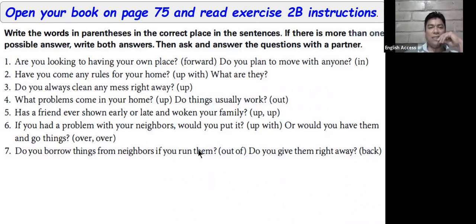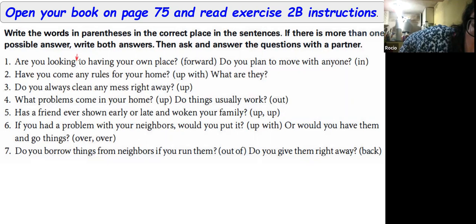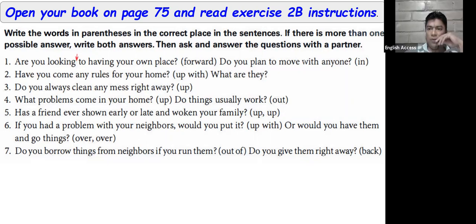Let's come back. So let's see. I'm going to put a small arrow where the preposition takes place. For example, number 1, are you looking forward? Forward. Do you plan to move in? In. Let's see if I can make it a little bigger. Yeah, that's better.